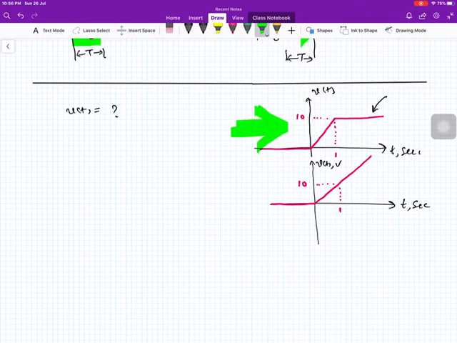Then the first thing we can take is 10 r(t), which is this signal.